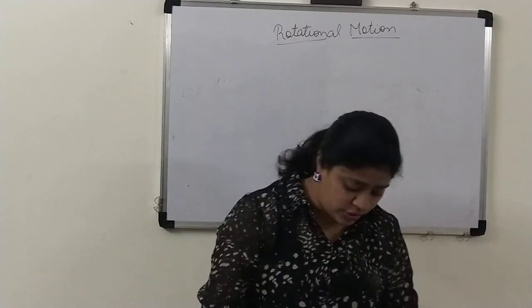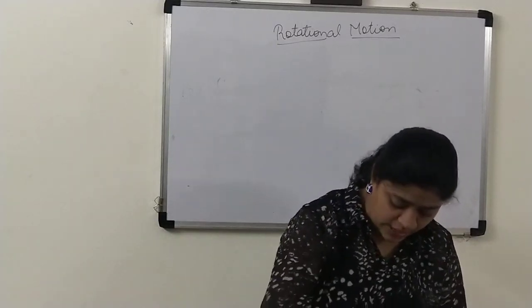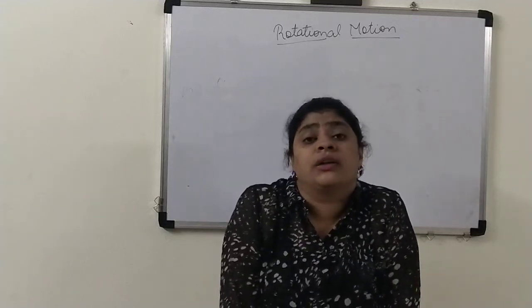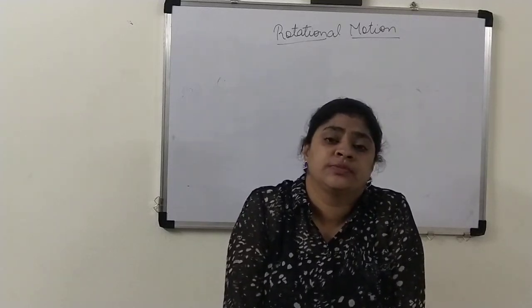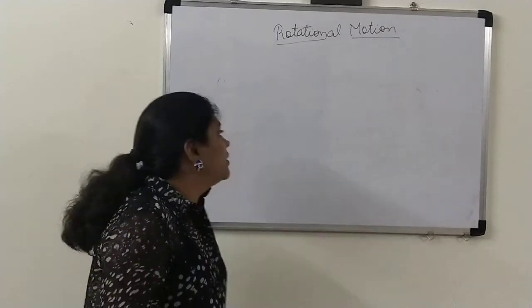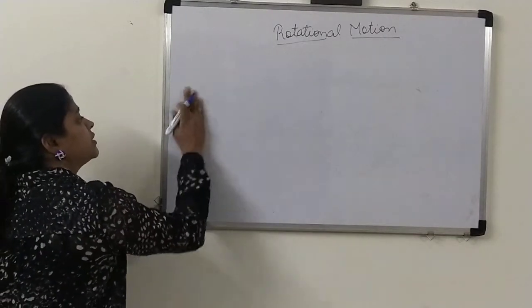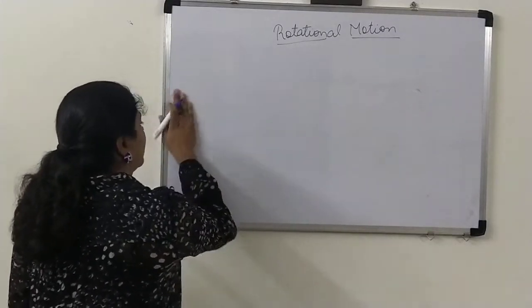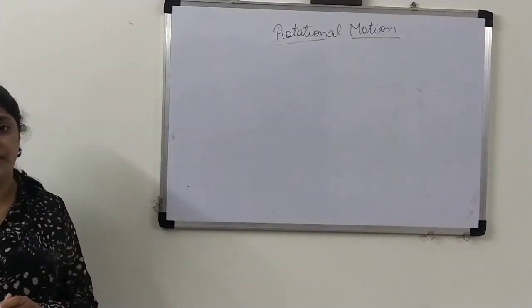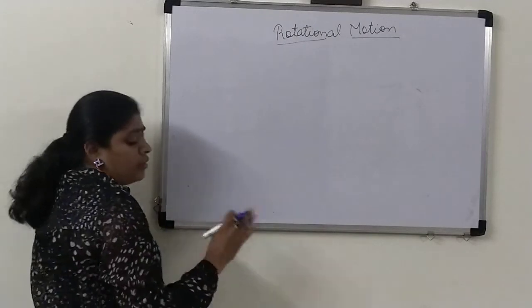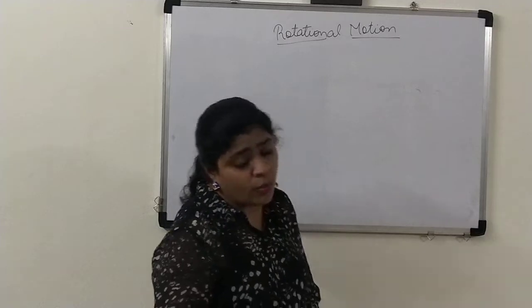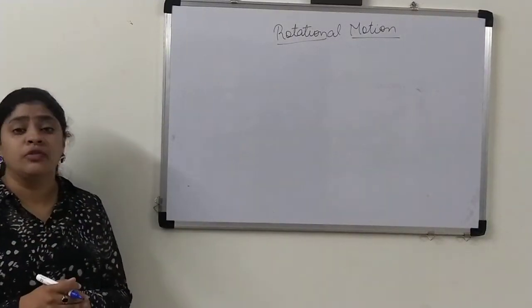Now going to the next topic, that is kinematics of circular motion. So I hope you remember the kinematics of your linear motion. Before starting, what is the formula for angular velocity?